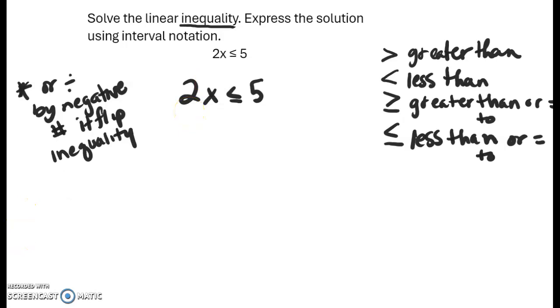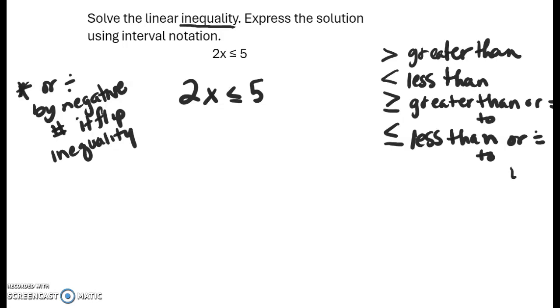Just like if I had x plus or minus a number with an equation, I would try to isolate the x by adding or subtracting, doing the opposite to both sides. In this case, we have 2x, and 2 is multiplied by the x.